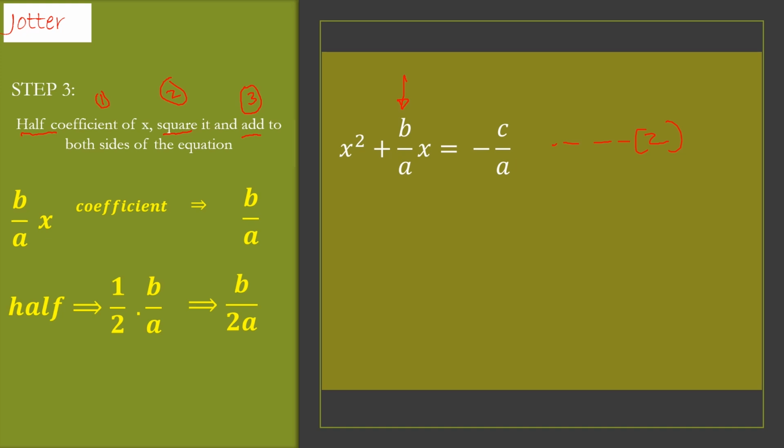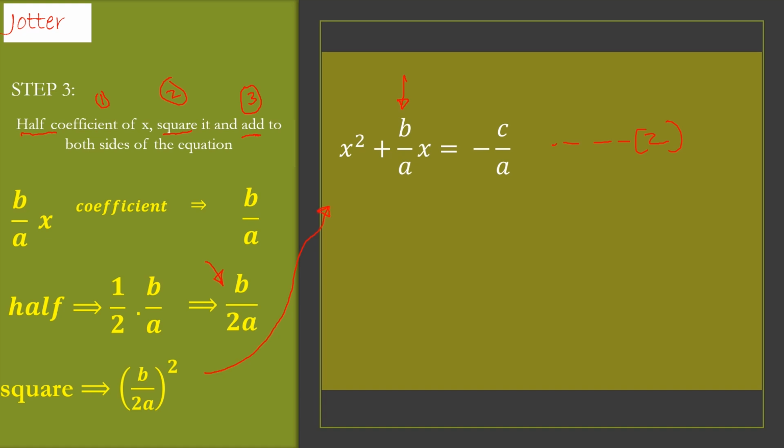Then we square it, which is the second operation. So we square that to give us this. And then the third operation is add to the equation above. So we are going to add this to that.